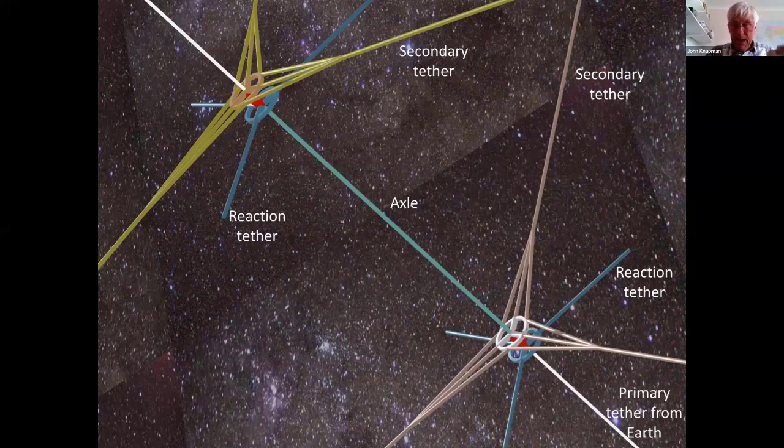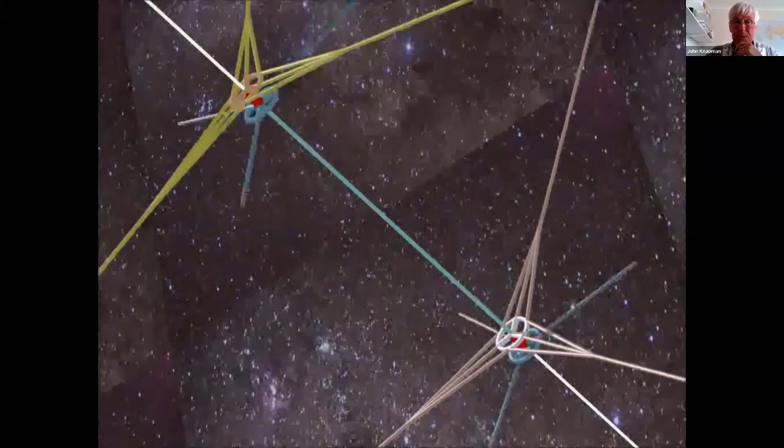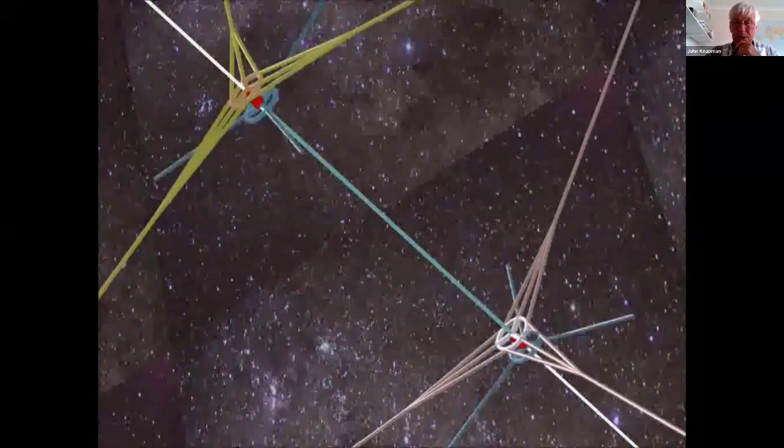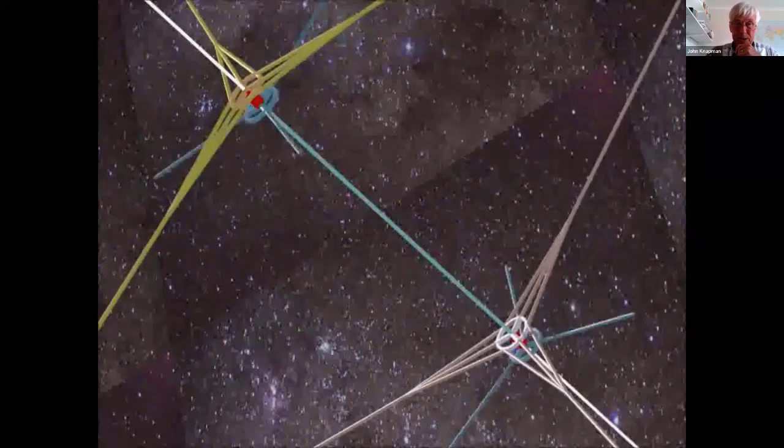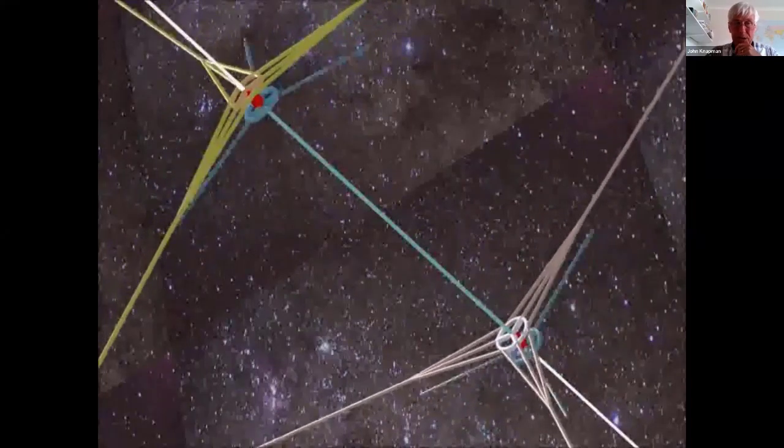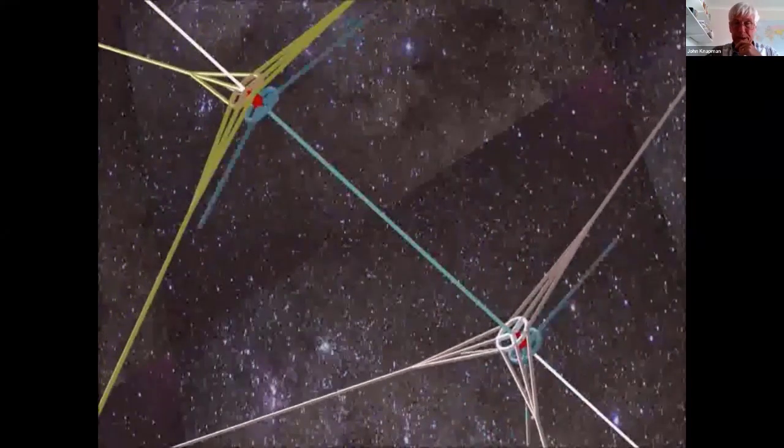The physics work out if you have such a system, and they rotate like this. So the reaction wheel and reaction tethers rotate much faster than the secondary tethers from which you launch space vehicles.